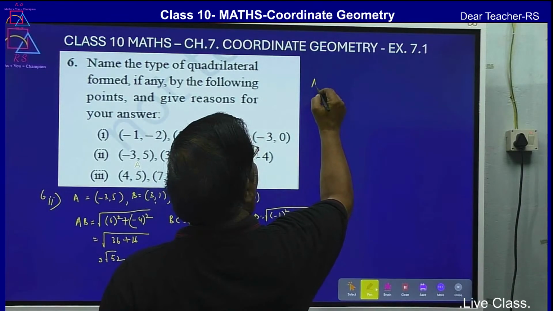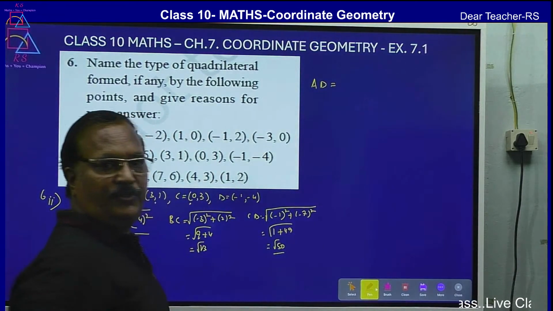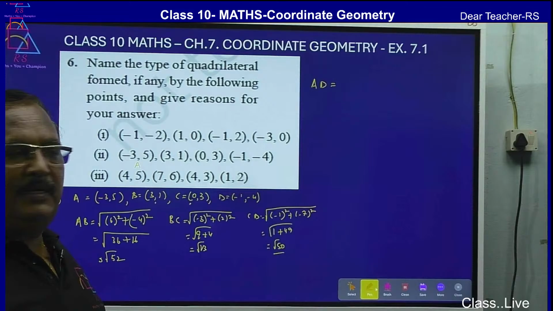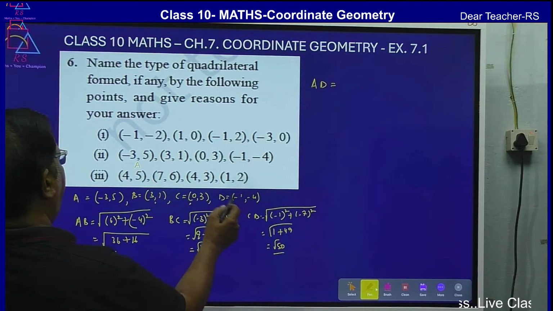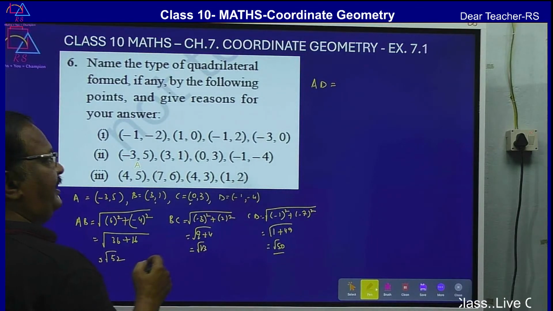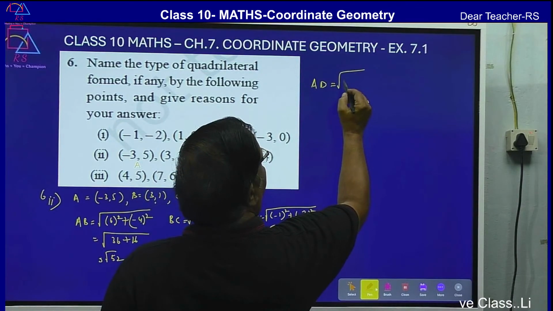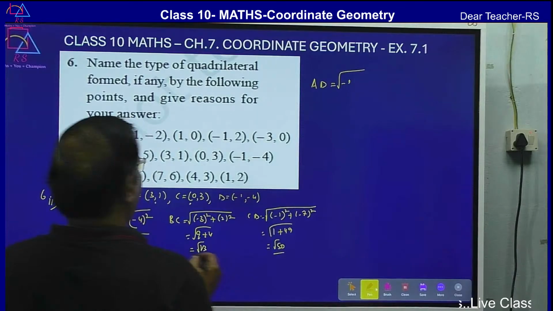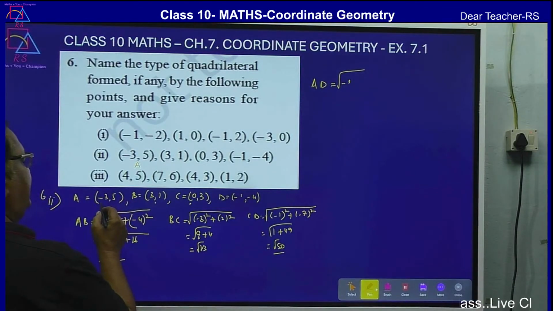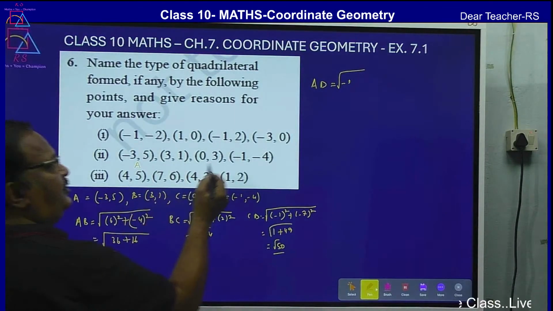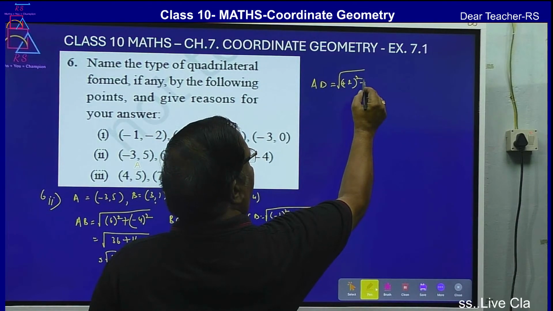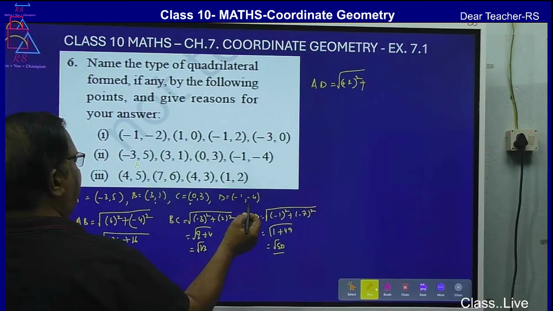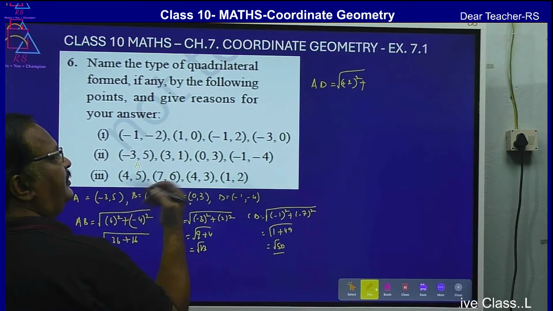Let us find AD also. AD is how much? This one and this one. Minus 1 minus minus 3, so it is plus 3 minus 1, 2. So it is equal to 2 whole square plus minus 4 minus 5, so minus 9.